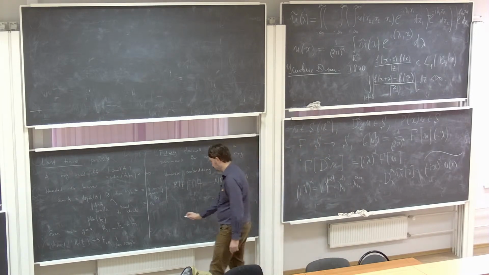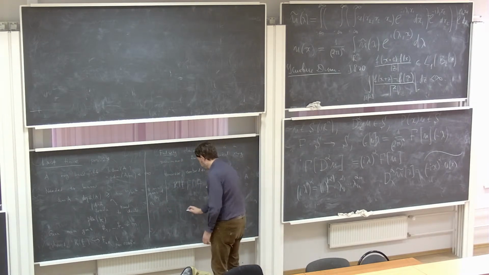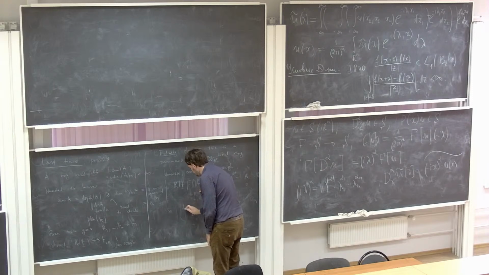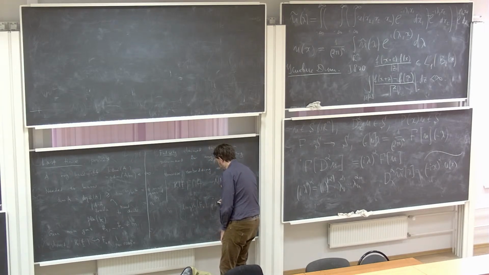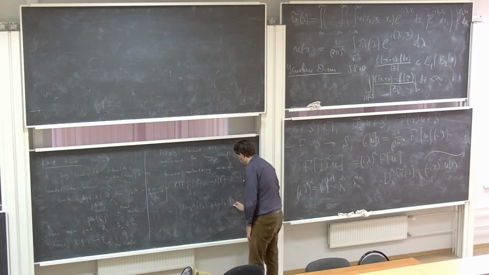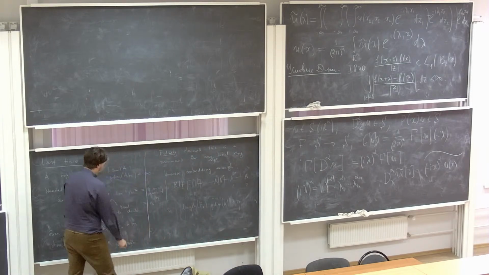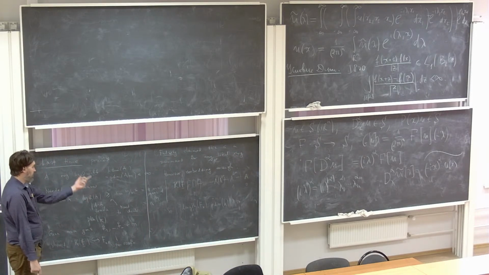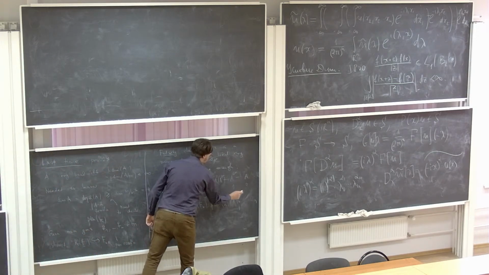Therefore, whatever the length of F is, so the length of F, which is the projective dimension of K, is greater than or equal to n, since this embeds. It must be at least as big. And in fact, this is what we needed to check, and now we've checked it.